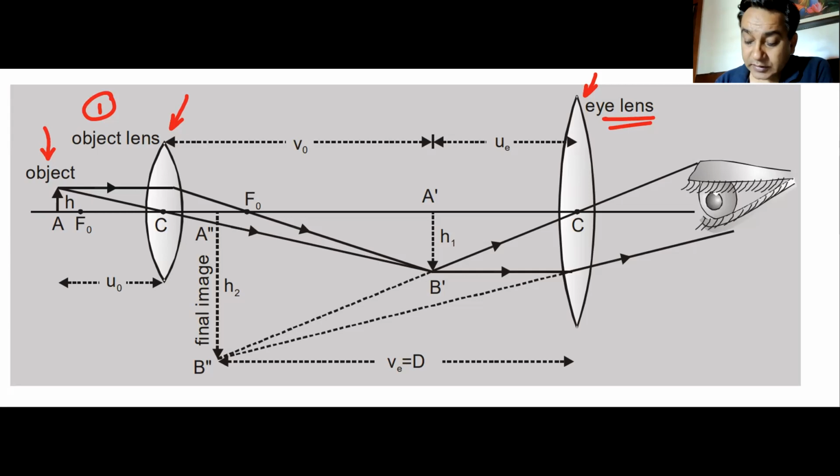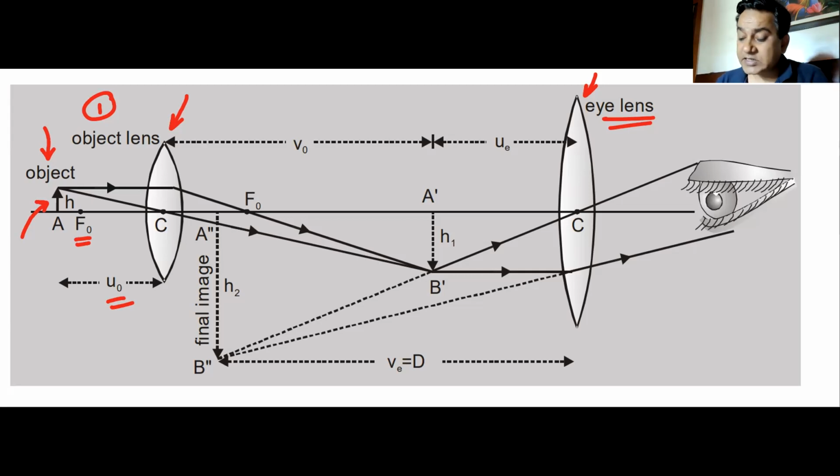Okay. The first lens, and this is the object. Remember, the position of the object is beyond the focal length of the objective, FO. Because if it is between the focal length F and the pole, the image created by this objective lens will be virtual. We do not want a virtual image.